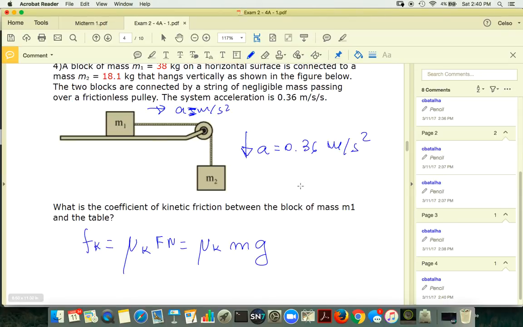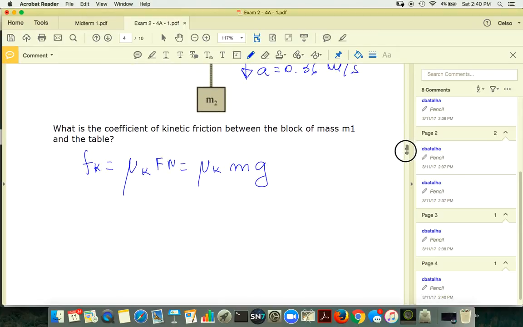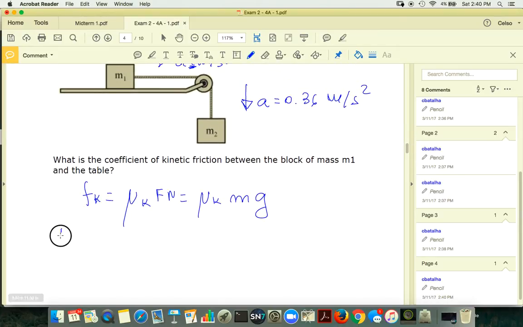So you do your free body diagram on block M1. There you have your M1g, and you have your normal force, which doesn't contribute to your motion in that direction, and you do have a tension force to the right, and you have a kinetic friction to the left. And aside from my free body diagram, I like to remind myself that this block is moving with an acceleration.